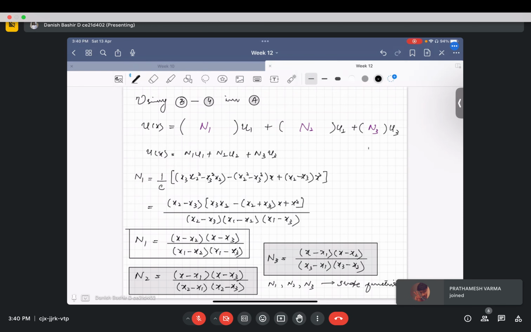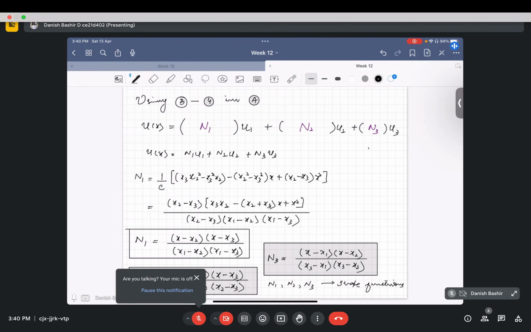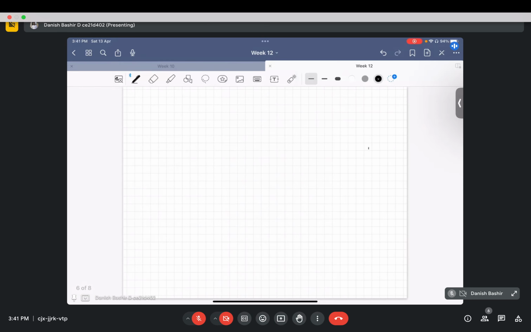Okay, so far it was very easy. If it was not an element with only three nodes, if it was an element with five nodes, how can we formulate the shape function for that one? So we have a very nice formula for that one, that is known as Lagrange interpolation formula for shape functions.